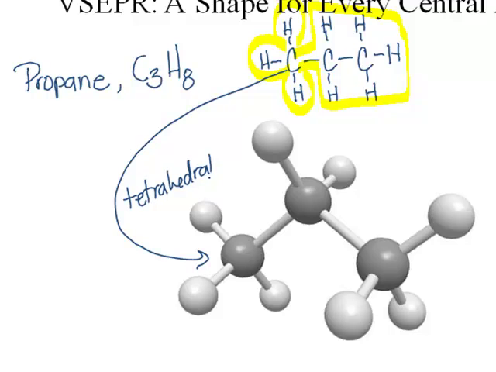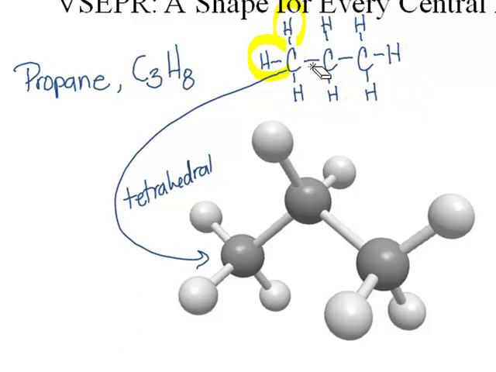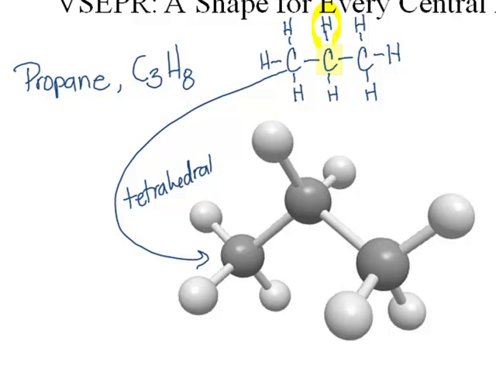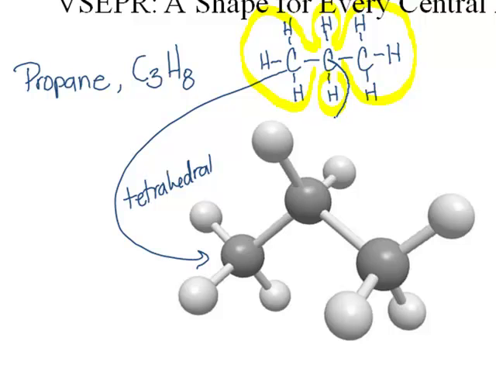Let's look at the carbon atom in the middle. In the middle of this structure, if I take away all this information and I look at just that single carbon in the middle, the carbon in the middle has 1 charge cloud, 2 charge clouds, here's a larger 3rd charge cloud, and here's a 4th charge cloud. We see that again the carbon in the middle also has 4 charge clouds. So that's why in my 3-dimensional drawing I still have tetrahedral geometry.